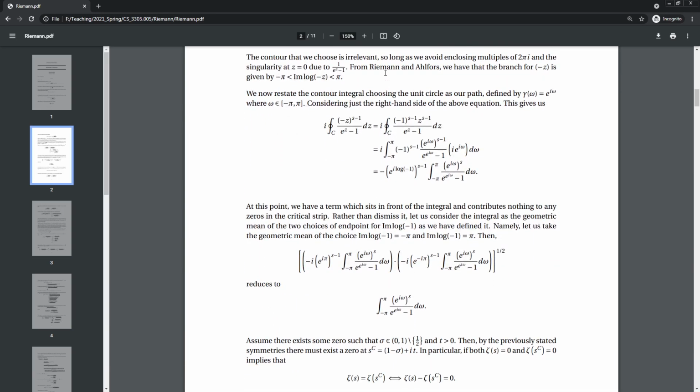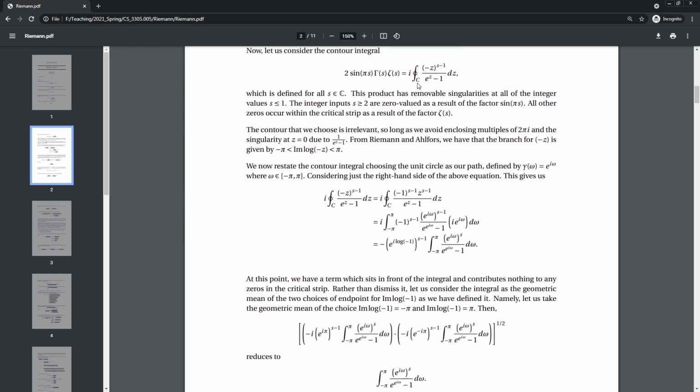So the contour that we choose is not so relevant. It really doesn't matter because the singularity happens whenever e to the z, so this variable of integration, whenever z is equal to 0, and this becomes 1, or e to the 0, so it becomes division by 1 minus 1, which is 0.